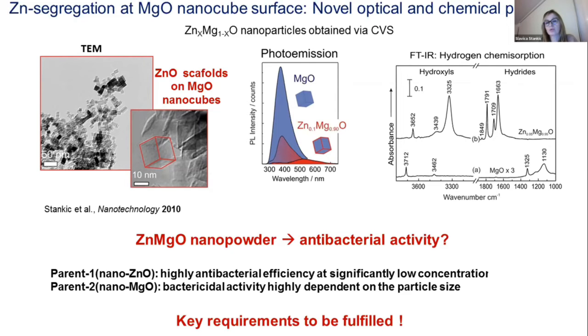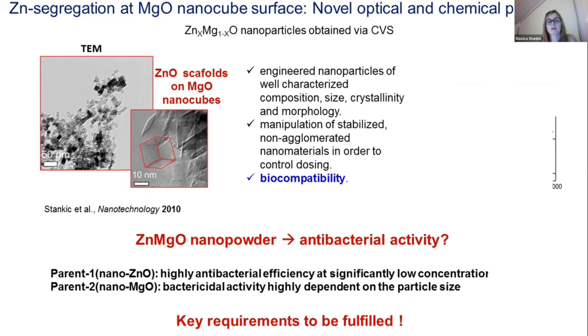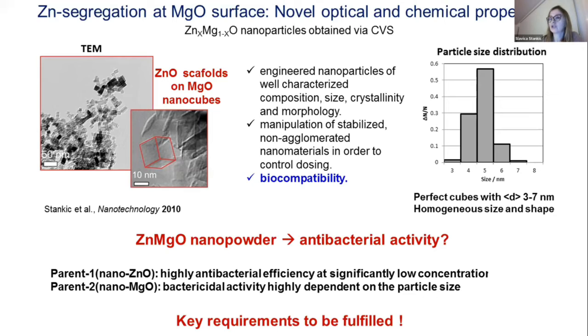But to use nanomaterials for biological or medical purposes, there are key requirements that have to be fulfilled. Those particles have to be well characterized in composition, size, and shape. They have to be manipulated without agglomeration, and of course they have to be biocompatible.